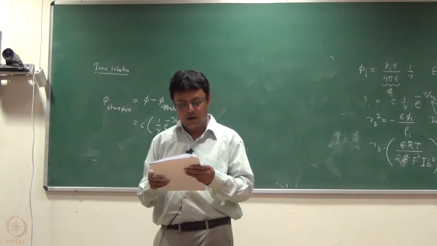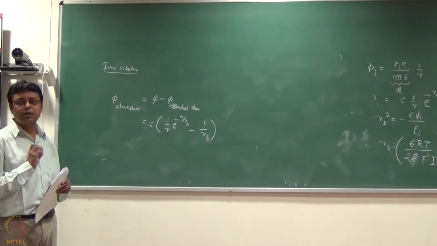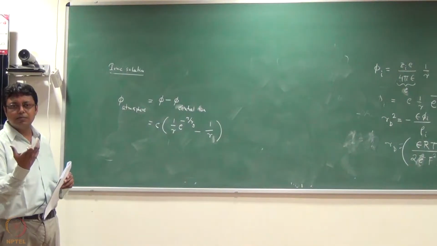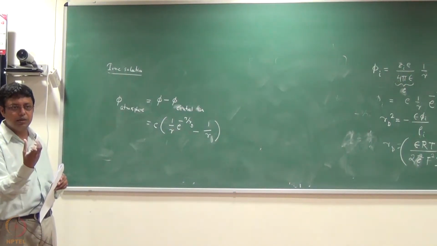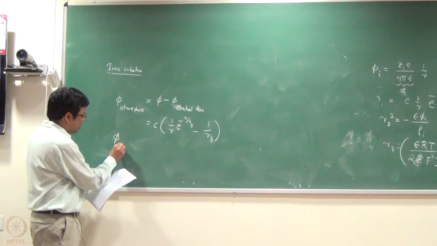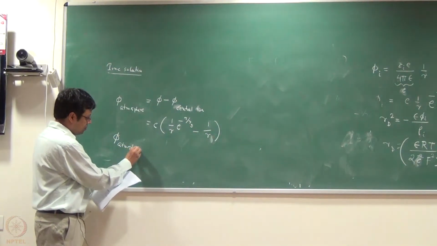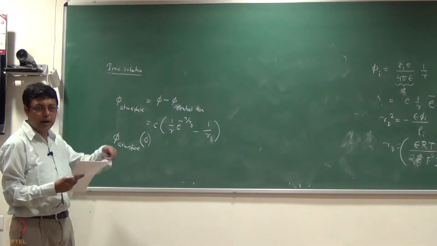Now what do I want to calculate? This atmosphere's effect at basically my central location, because that is the important thing, where actually the ion is sitting. Which means I want to calculate this phi atmosphere at the zero location, because potential is varying.